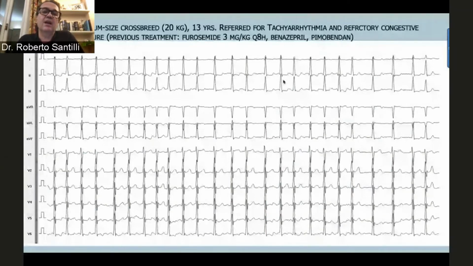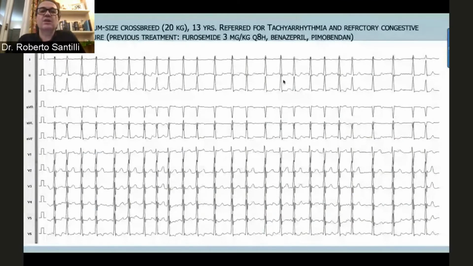According to the guideline, usually when you go more than 8 mg per kg and up to 12 mg per kg of furosemide daily, it is considered class D. It's very arbitrary, but usually it's when you consider that you have what we call furosemide resistance.